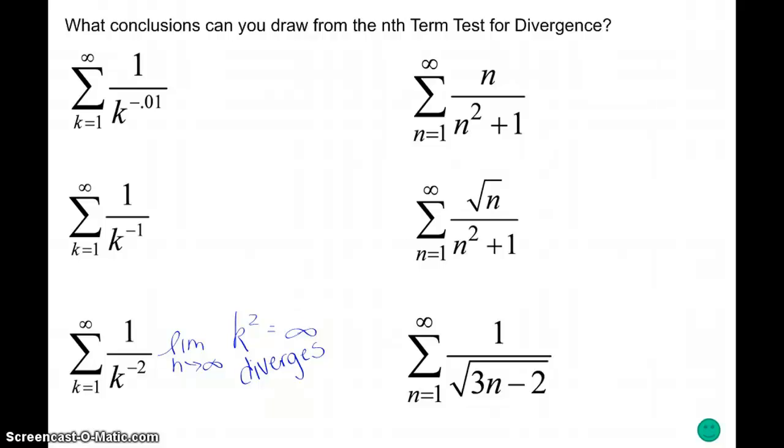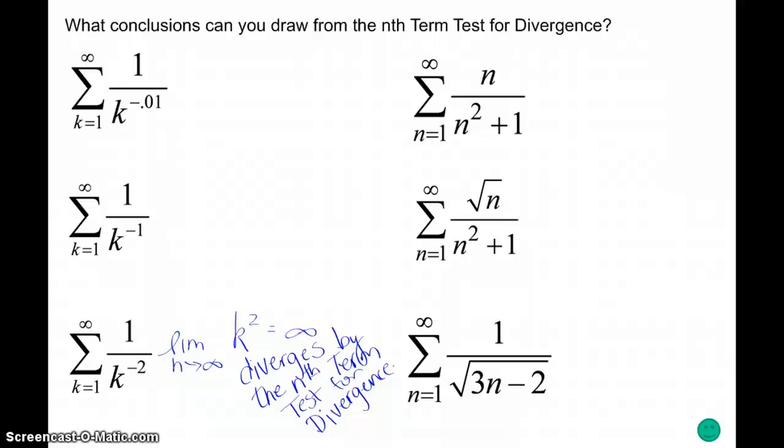You have to show the AP reader the test by the nth term test for divergence. I have every year students ask me, do I have to write all that out every time? Yes, you absolutely do. No doubt about it. You have to write the full name of the test that you're running.